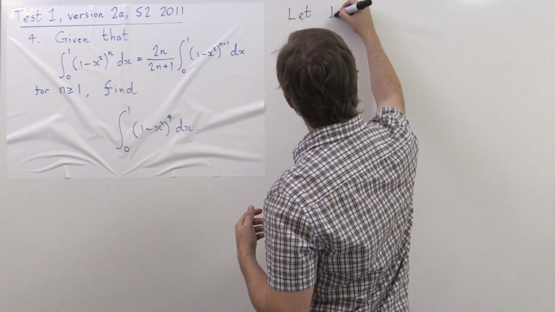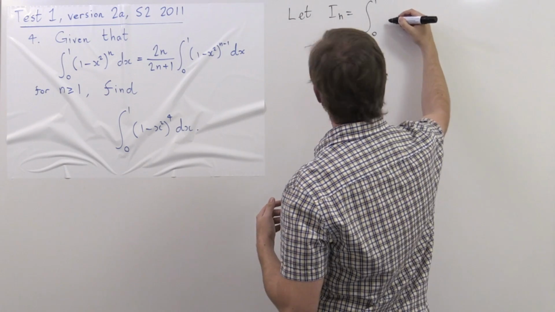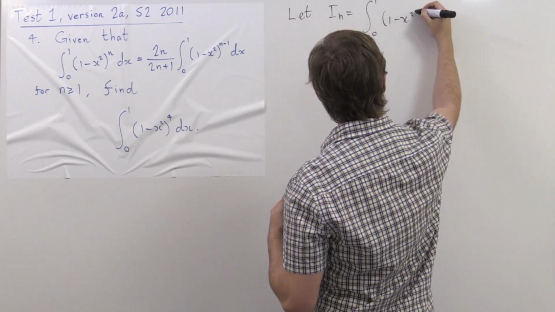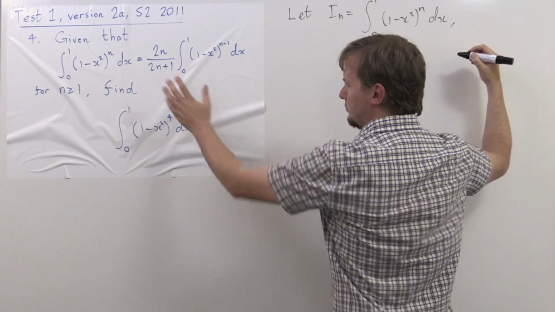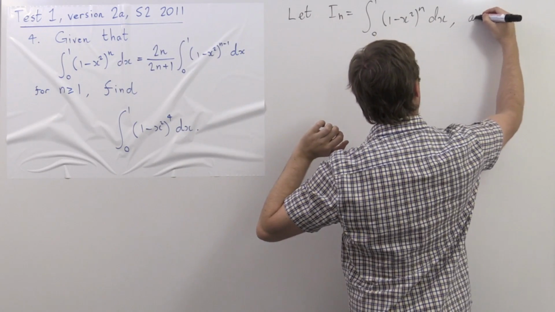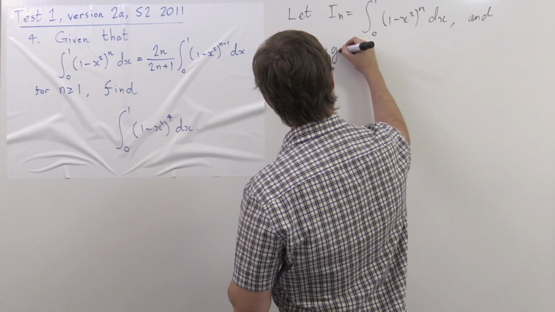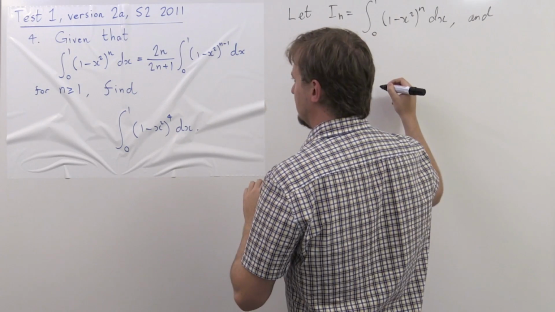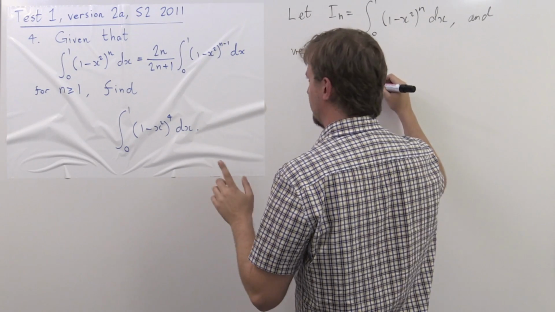Let I(n) equal the integral from 0 to 1 of (1 minus x squared) to the n dx. And I'm just going to translate what they told me into this notation. And we're given, I think it is helpful to write this down, just so you see exactly what the recurrence relation is.